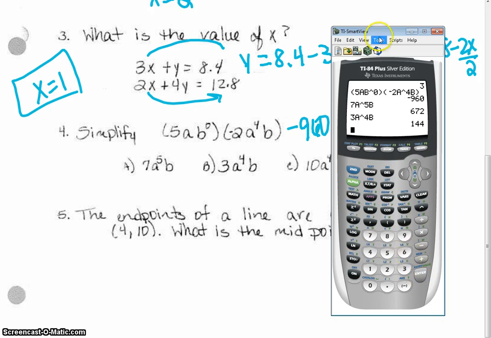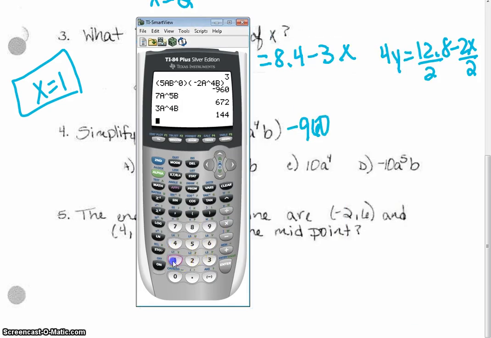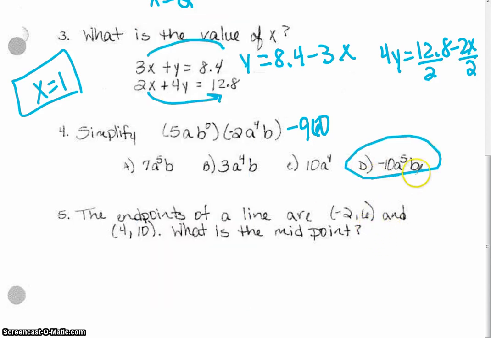Not what I'm looking for. So I'm going to try 10 alpha a, rooftop 4. Still not what I'm looking for. Try negative 10 alpha a, rooftop 5, alpha b. Negative 960, that's the one I'm looking for.